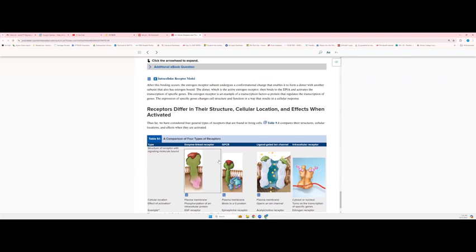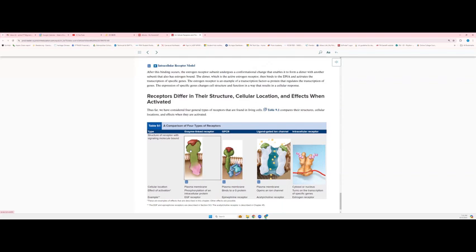Okay. So we're going to talk about receptor structure, location, and effect when they are activated. For example, we're talking about four different types of receptor. The first three go through the membrane, and the last type is inside of the cell, right?